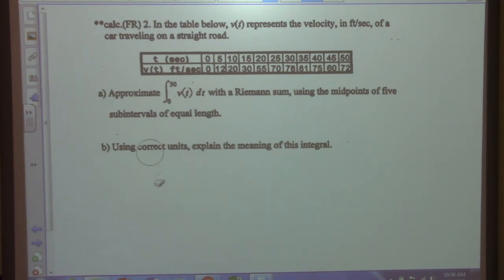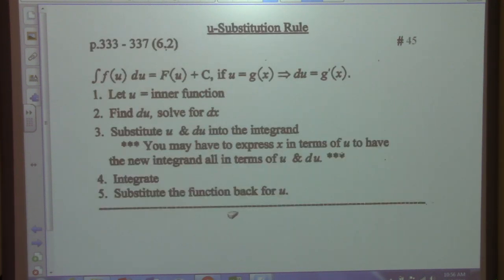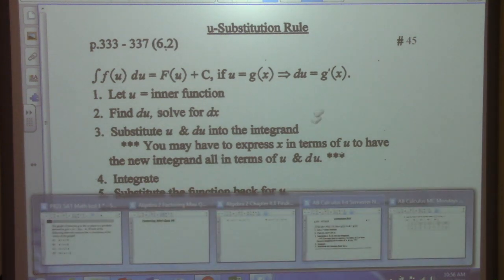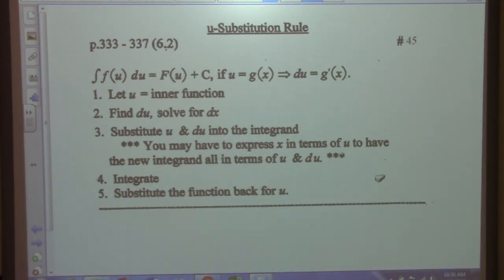Note card 45 is what we call a technique of integration. It's called U-Substitution. Basically, the U-Substitution rule is kind of analogous to the chain rule of differentiation, except it's an integration rule.